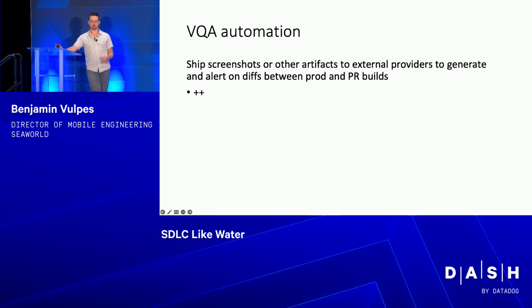And getting our staging environments to look exactly like our production environments from a software perspective is doable, but it is not necessarily doable from a content perspective because our deals change all the time, and the shows that we're running change all of the time, and the events that are happening in the parks change all of the time, and the operating hours for the restaurants in the parks change all of the time. So any tests we write, any VQA automation that we buy has to account for pretty dynamic content.